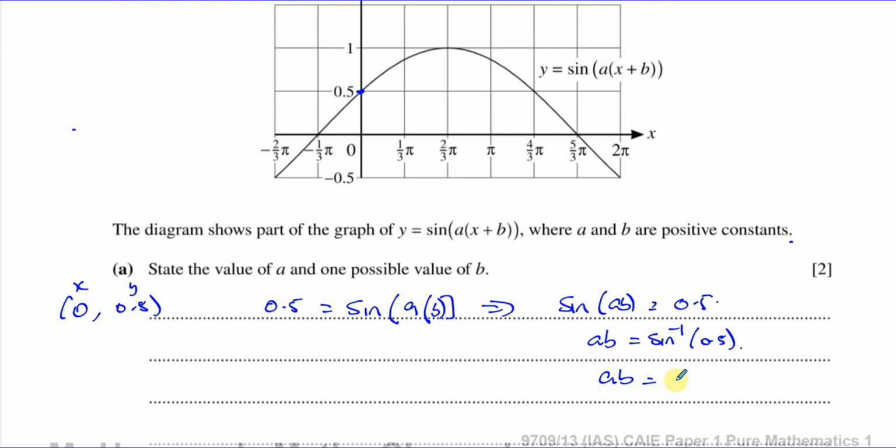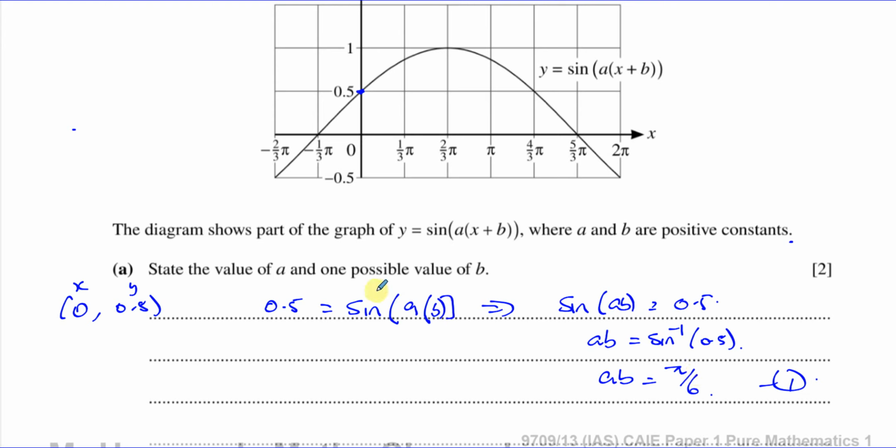So a times b is equal to pi over 2. Okay, so I've got one equation, you could say, right? Because, no, not pi over 2, sorry. Pi over 6. My bad. Inverse sine of a half is 30 degrees, which is pi over 6 radians. Pi over 6, sorry about that.